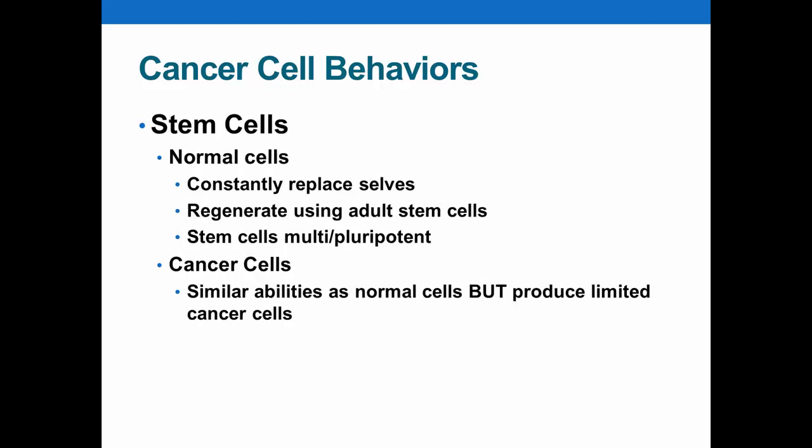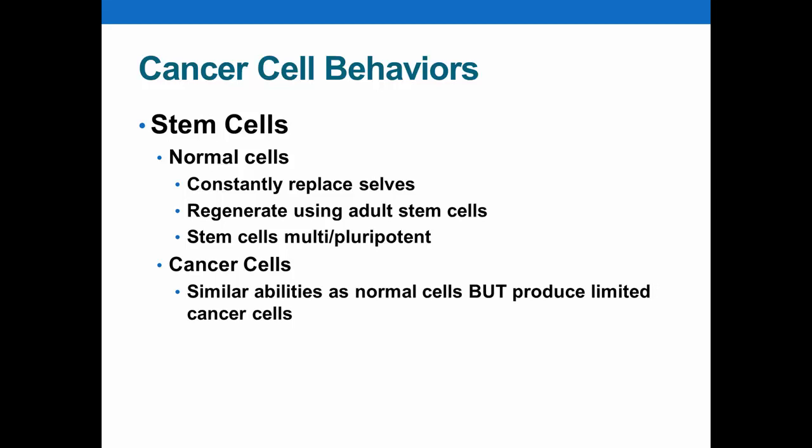So what are some other behaviors we should be aware of? Well, we should be aware of stem cells versus cancer cells. Remember, stem cells are immature cells. In normal cells, these stem cells are constantly replacing themselves, and they regenerate using adult stem cells.